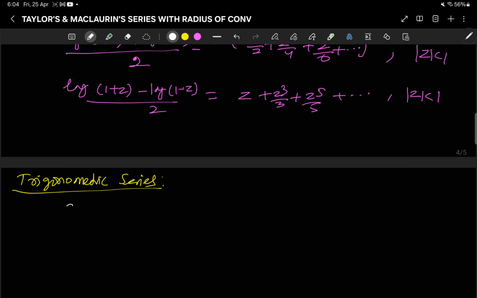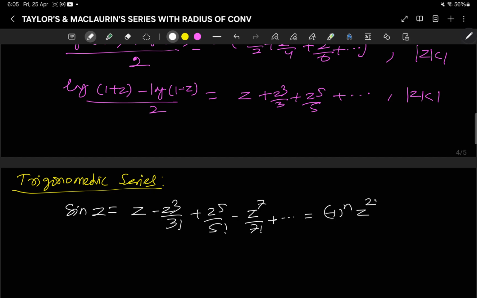So coming to your sin z, it is most familiar. You know it is z minus z cube by factorial 3 plus z to the 5 by factorial 5 minus z to the 7 by factorial 7, so on alternatively. So it is summation of minus 1 to the power n z to the power 2n plus 1 by factorial 2n plus 1, n equal to 0 to infinity.